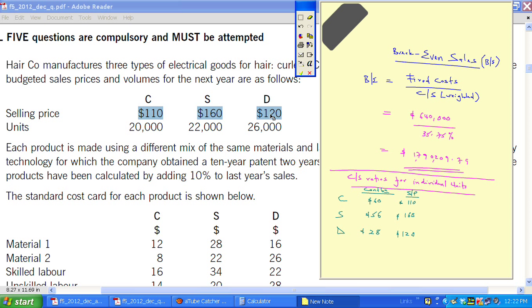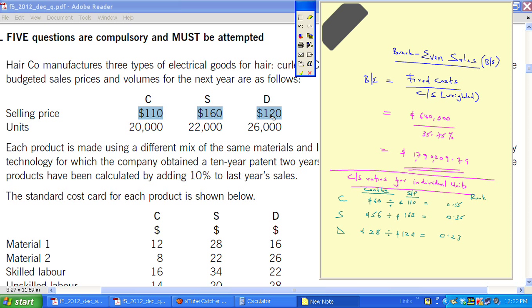So contribution sales, if we divide those figures, we end up with 0.55, 0.35, and 0.23.